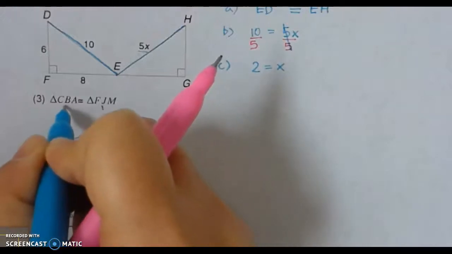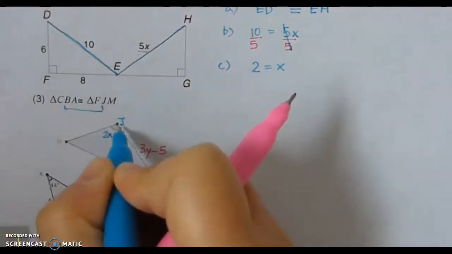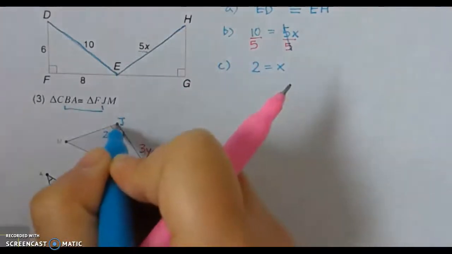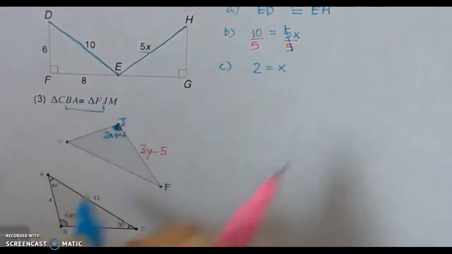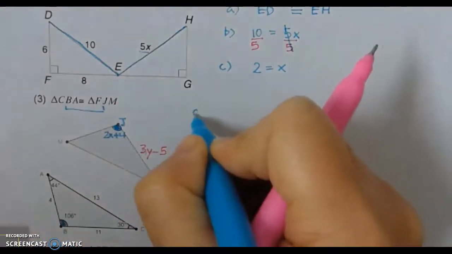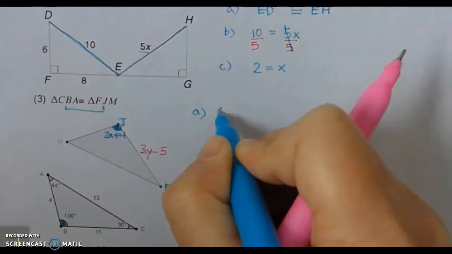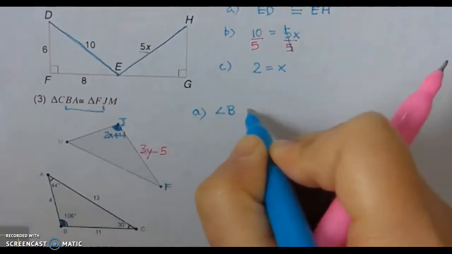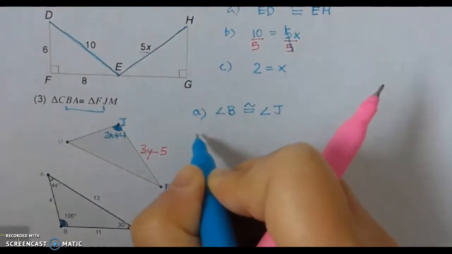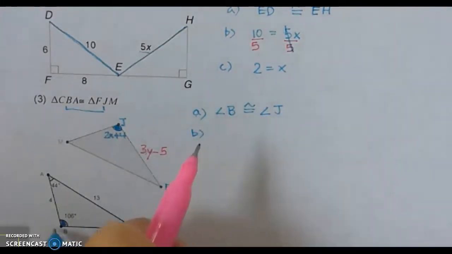It's the middle letter, so J corresponds to B. J and B are going to be exactly the same measure. So I'm going to start by writing angle B and angle J are congruent. If they are congruent, then the measure is going to be the same.